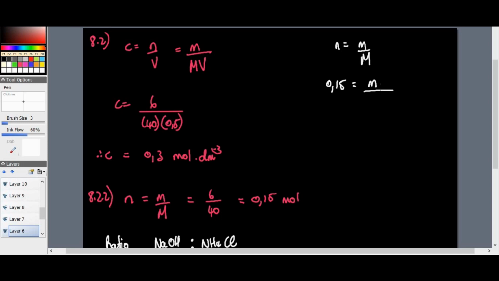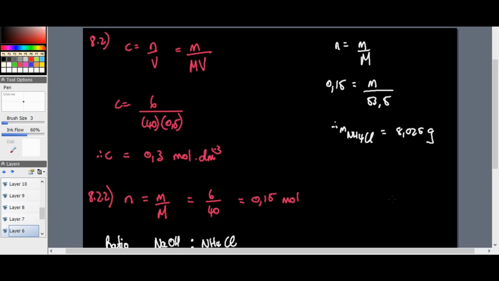So nitrogen, we got 14 plus 4, because there's 4 hydrogens, and we just add 4 to it, plus chlorine is 35.5, sorry, not 32.5, 35.5, that's 53.5, so the molar mass is 53.5, and therefore the mass of NH4Cl is equal to 8.025 grams. Alright, that's the mass.